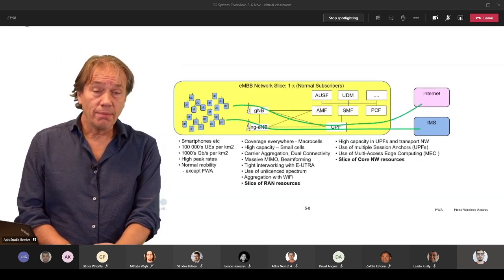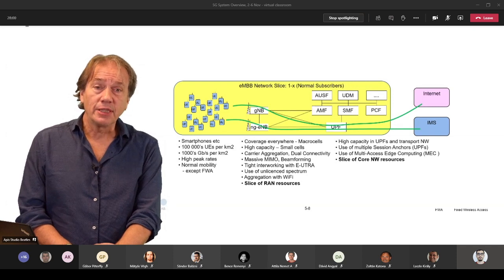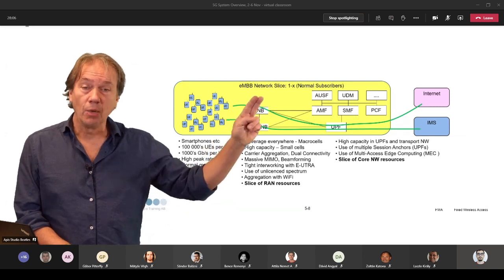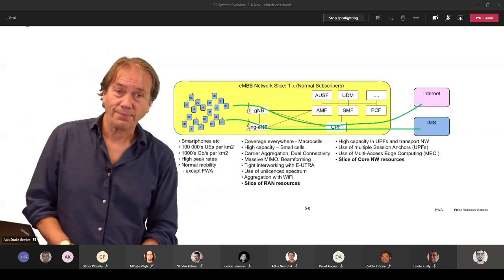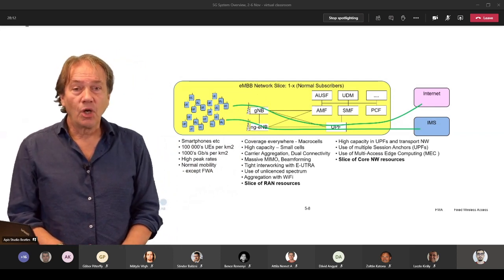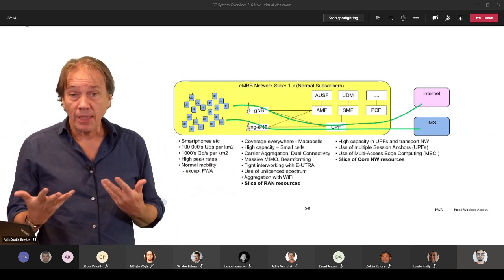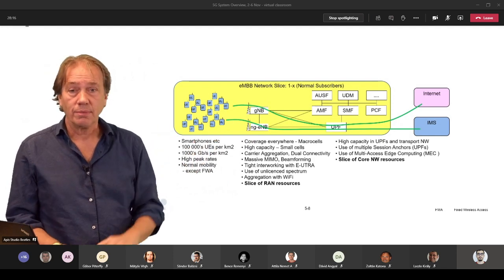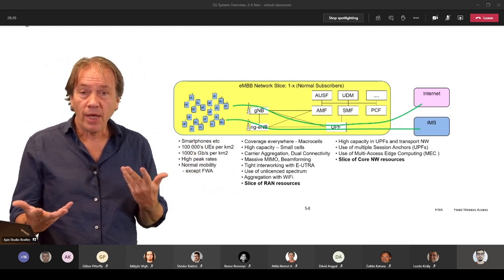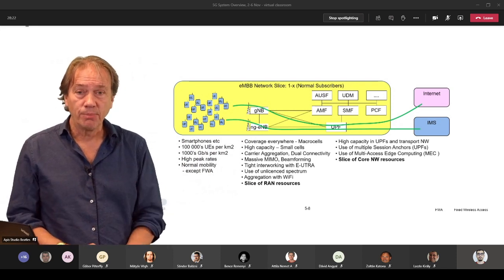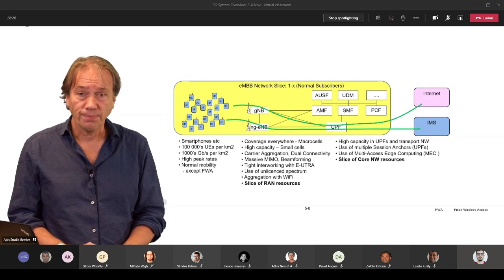So this is maybe what an eMBB type of network slice would look like. It's yellow. Maybe I should have made it green, but this network slice is dimensioned for smartphones with typical mobility behavior. Smartphones move around like smartphones do.